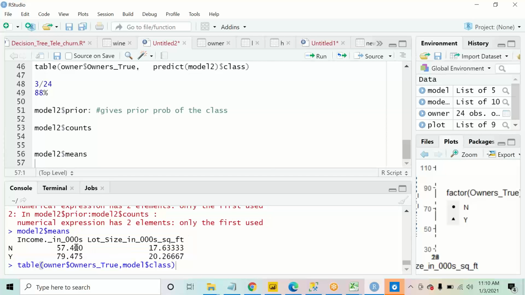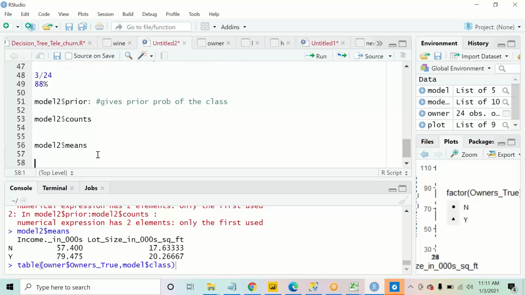If the mean value is closer to this, it will predict the output as no. So this is the information that gets generated when you create the model using the LDA approach. Then after that, another piece of information that is generated within the LDA model is model dollar scaling.